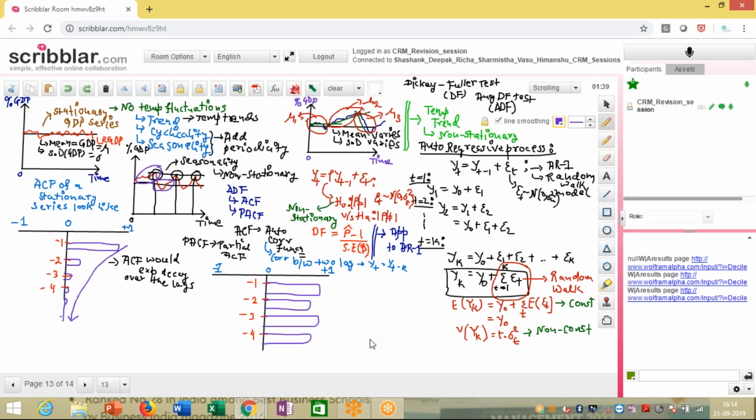Now, what does this tell you about the series? First of all, the thing that we get to see here is that there is no specific pattern to this autocorrelation, right? So it means that there are some components. There is something because of which the autocorrelation between these two lags is pretty high.